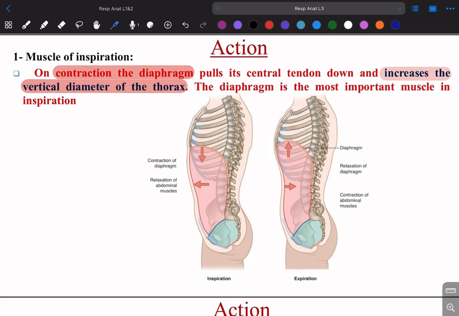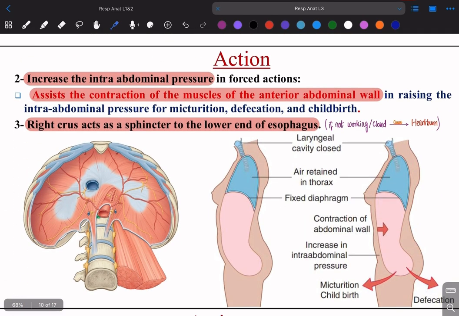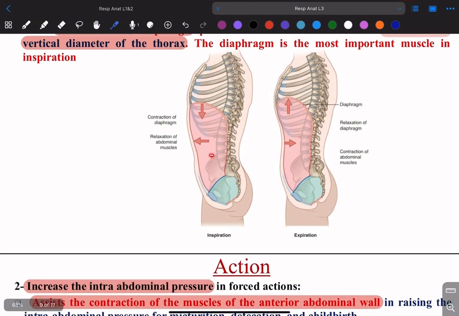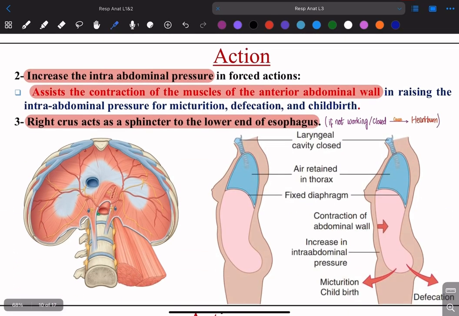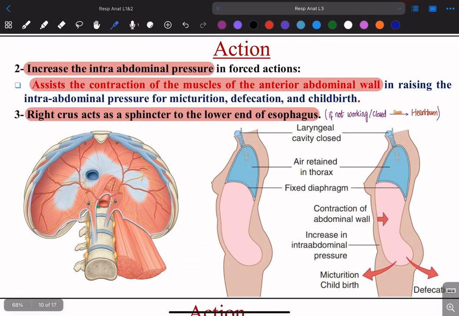So the second action is increasing the intra-abdominal pressure. The abdominal pressure increases because the diaphragm is pushing against it. So the muscles of the anterior abdominal wall contract, and this causes the increase of the internal abdominal pressure.